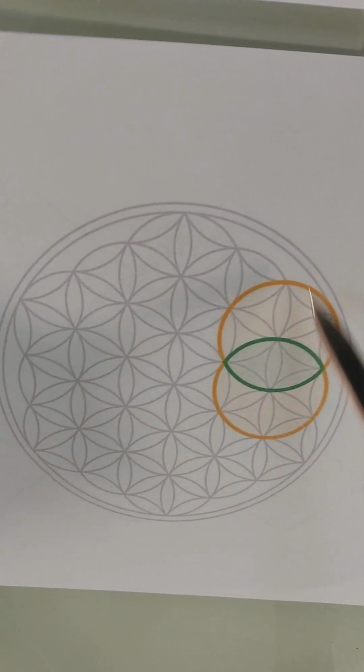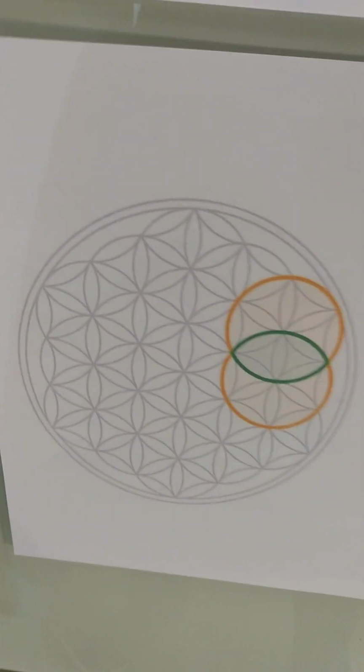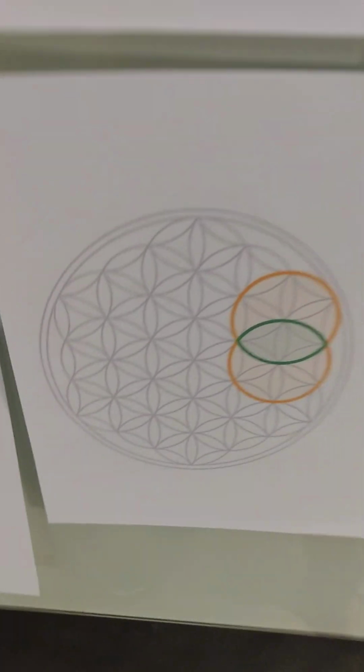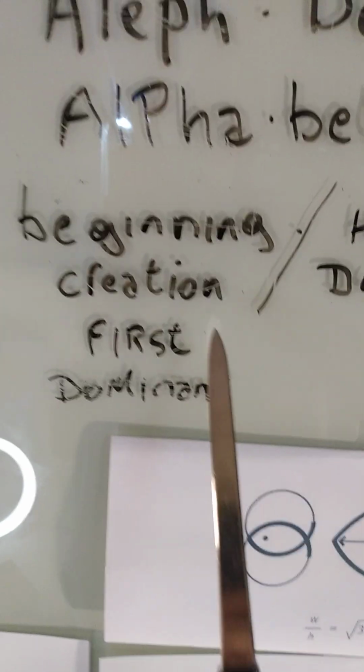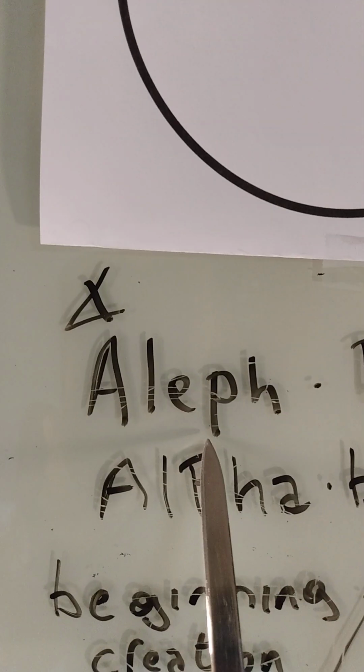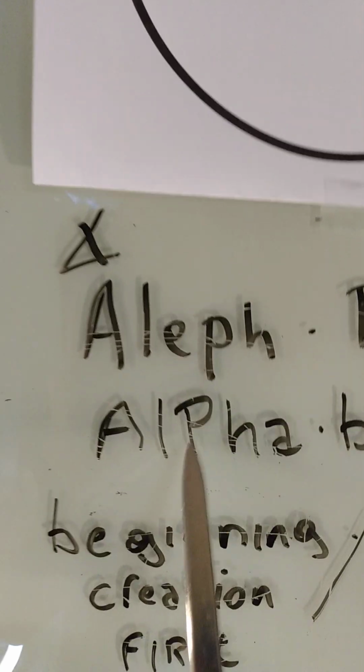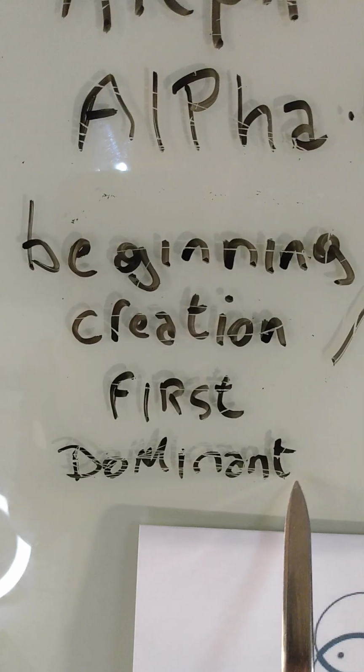It is created by them through the aleph-bet, the alphabet. So every letter of the alphabet, as you can see a good example here, aleph is not only A, but it also means leader. It also means beginning, creation, first, and alpha, like in alphabet, which is associated to dominant, all right? And that has to do with a leader.